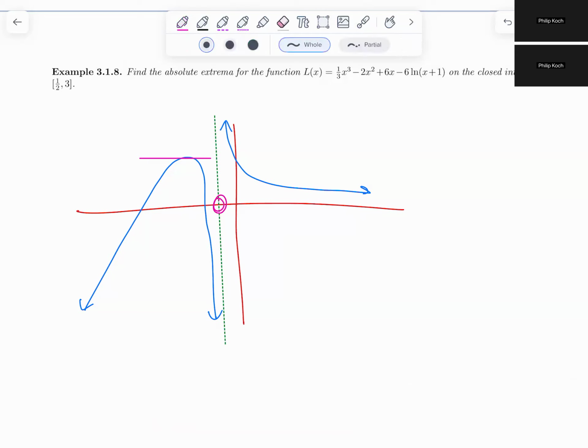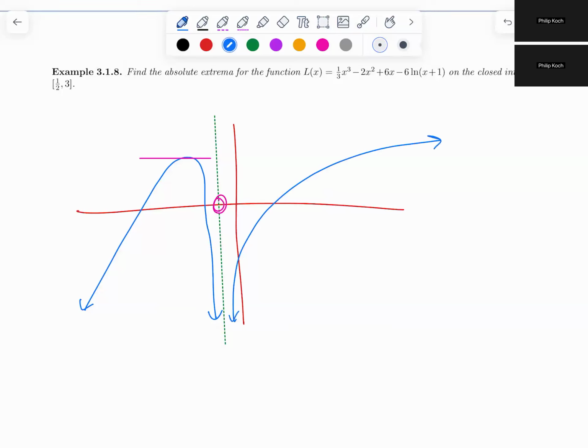I'm going to change it just a smidgen because it does play a role. So when we get to 3.3, we're going to be studying whether something is increasing or decreasing. At the critical value, the actual relative maximum right here, you see that it changes from increasing to decreasing.